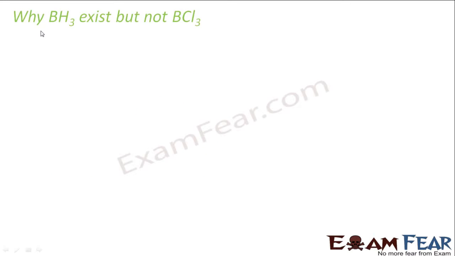A good question is, why does B2H6 exist but not BCl3? Think. The last question we solved was about AlCl3 and BCl3. We talked about the size of the chlorine. The size of the chlorine was responsible for the non-existence of the BCl3 dimer.